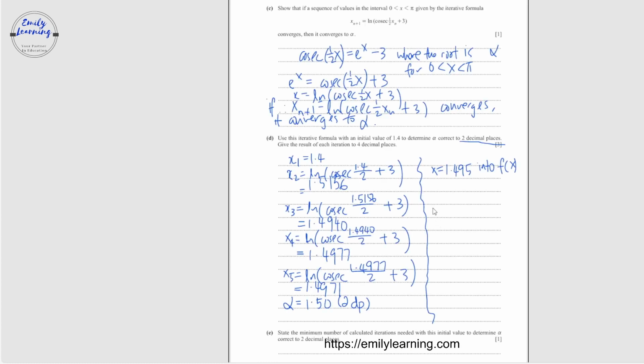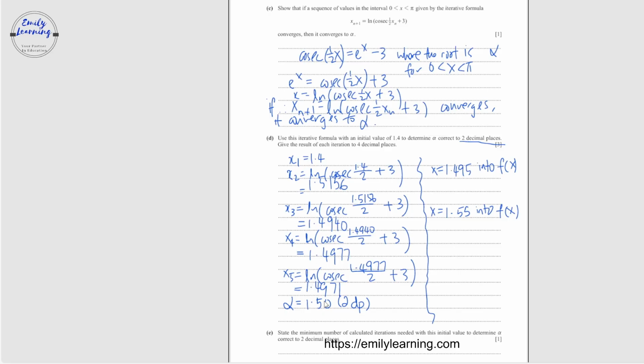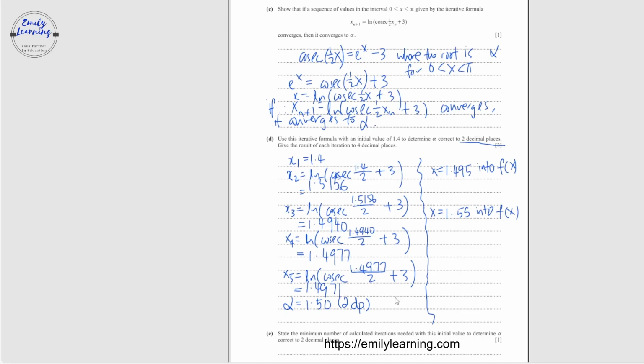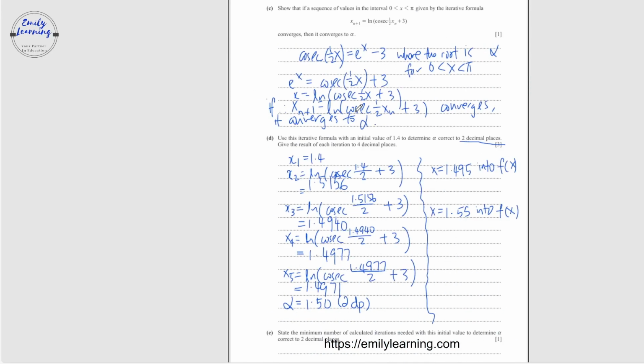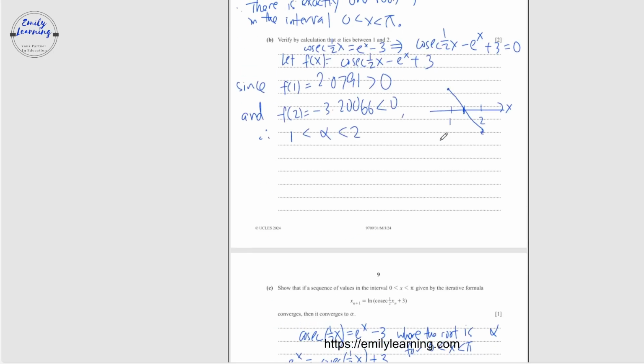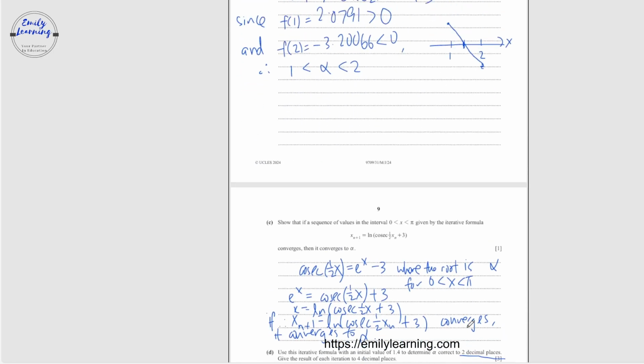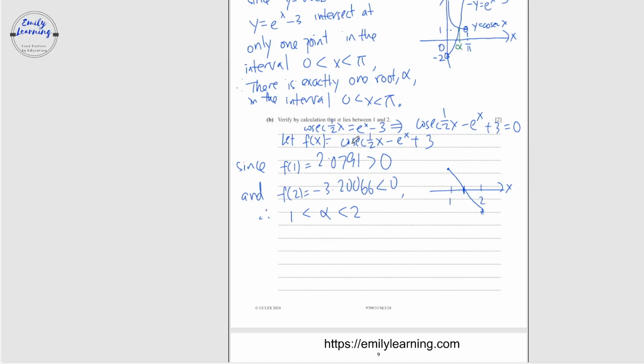Then you can also sub in x equals 1.55 into f(x). Or you can just sub in any two values that are very close to this into f(x). One should be positive, one should be negative. So let me do that. I'll sub 1.495 into this equation here.